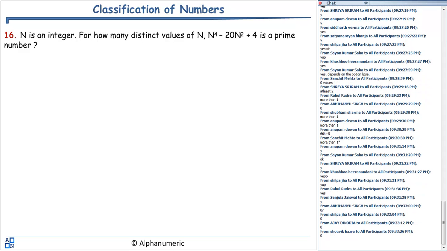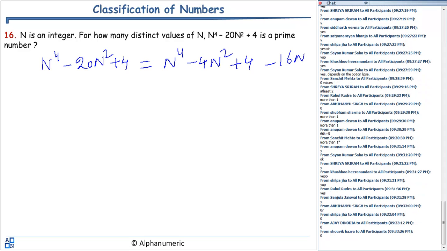Can I say this n raised to power 4 minus 20n square plus 4 can be written as n raised to power 4 minus 4n square plus 4, minus 16n square? Minus 4 minus 16 will give me minus 20.